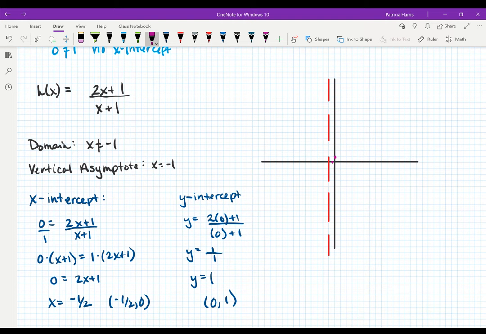So what I'm going to do is I'm going to just start plotting points. I'm going to start plugging things in. So let's start over here to the left of my vertical asymptote. So let's see if I plug in a -2. Let's see.